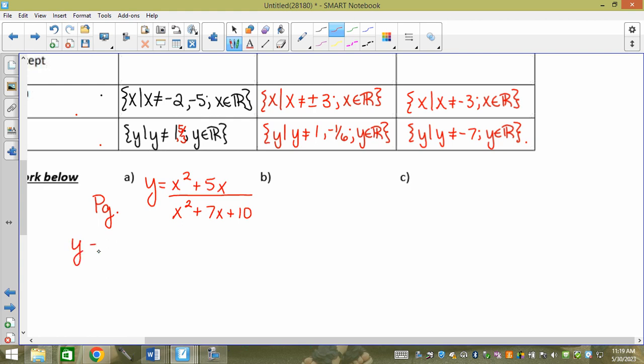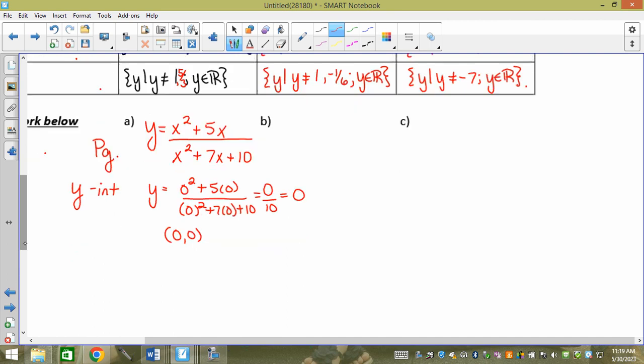So if I went to do y-intercept, I would go y equals 0 squared plus 5 times 0 over 0 squared plus 7 times 0 plus 10. And I would get 0 over 10, which is 0. So that's easy, and most people can do this on a test, and they'll tell me, oh, it's 0 and 0, which ends up being the same thing.